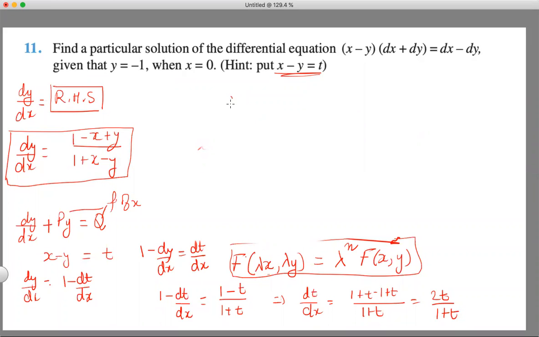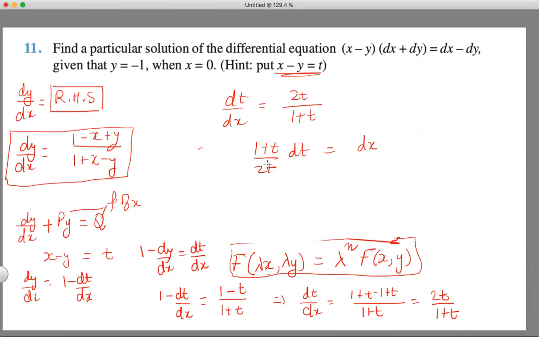Okay, so dt by dx is equal to 2t by 1 plus t. ओके, तो ये कौन सा फॉर्म बन गया हमारा? वेरिएबल सेपरेबल. यहाँ पे कोई भी x नहीं है, राइट? तो इसको हम क्रॉस मल्टीप्लाई कर लेते हैं, तो हमें क्या मिल गया? (1 प्लस t)/(2t) dt is equal to dx.